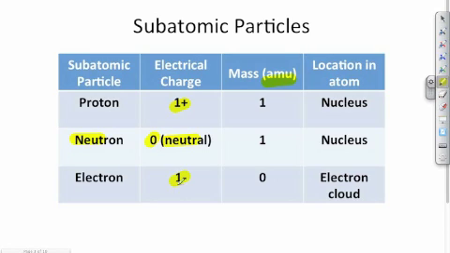And the reason why they stay around the nucleus is because the protons are positive and the electrons are negative, and so there is an attraction that happens between the two of them that keeps them around, and as we learn more in this course, contributes to the chemistry of these atoms. And of course, they're found in that region around the nucleus known as the electron cloud.